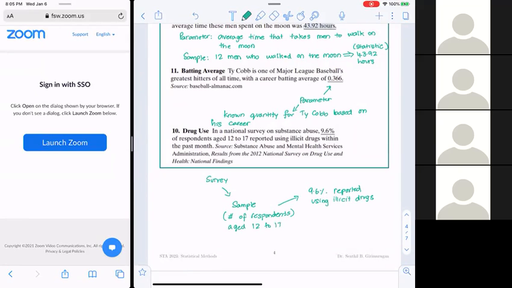So that bit of information, 9.6%, was obtained from the sample that we had collected from the survey. So 9.6% here is a statistic.